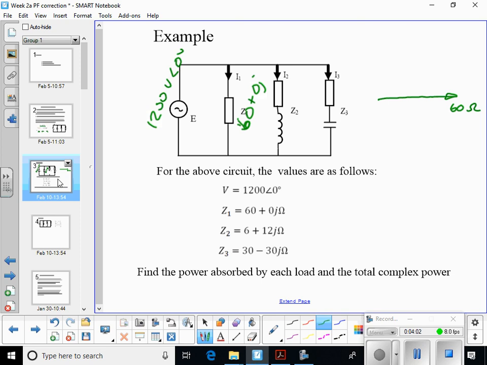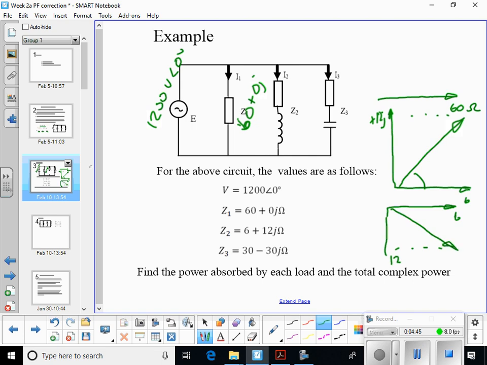And then Z2 is 6 ohms plus 12J, so that's made up of 6 ohms that way and plus 12J up that way, and the result is a phasor in there with an angle. And then lastly, Z3, which is capacitive, has 12J downwards and 6 ohms this way, and a Z phasor in there.